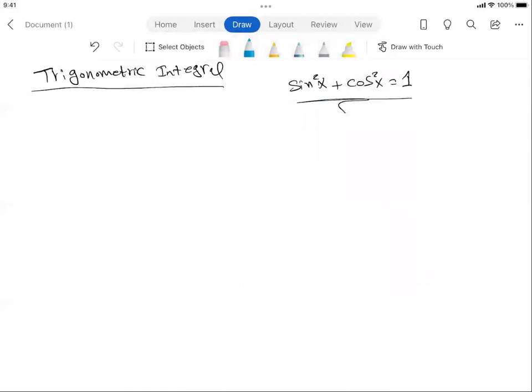Okay. Our next example, and this is example 6, is an integral of tangent to power 5 theta, secant to power 7 theta, d theta.